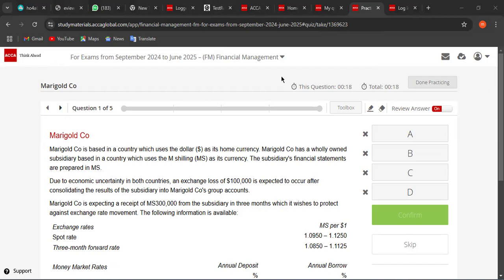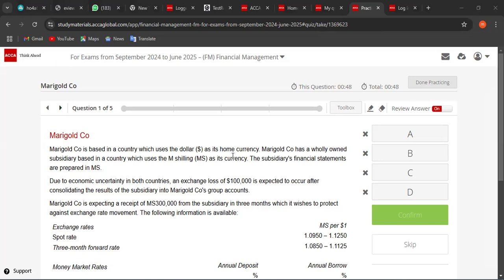Now, the question which is named the Marigold Company. Marigold Company is based in a country which uses the dollar as its home currency. Marigold has a wholly owned subsidiary based in a country which uses the M shillings as its currency.